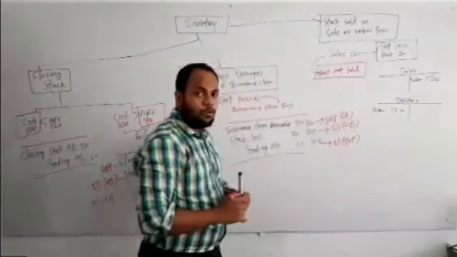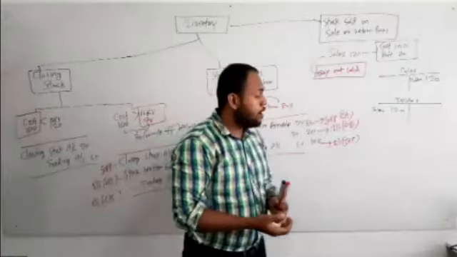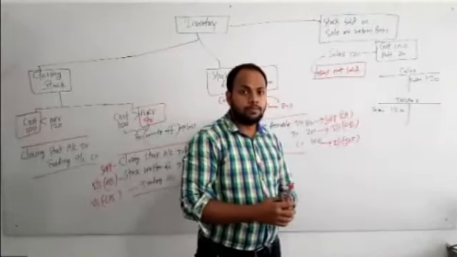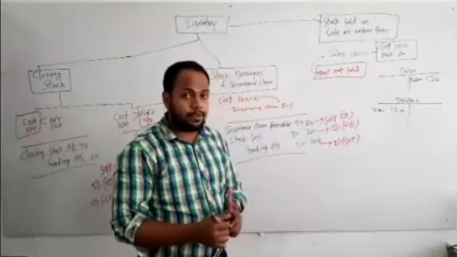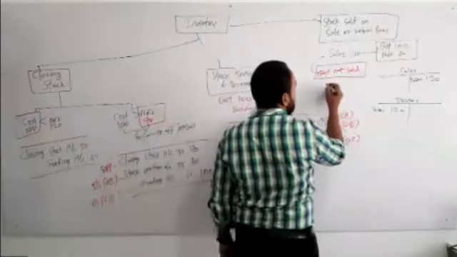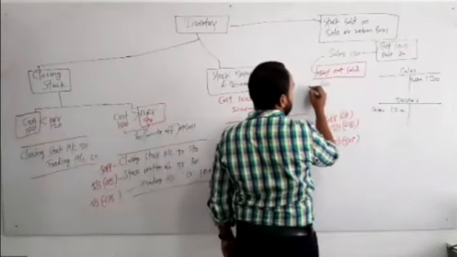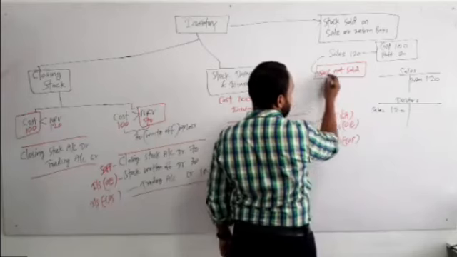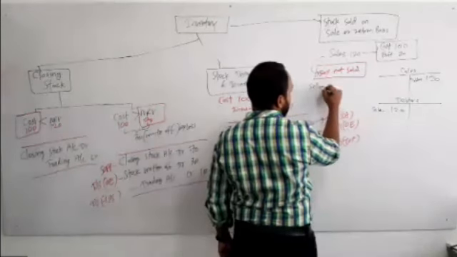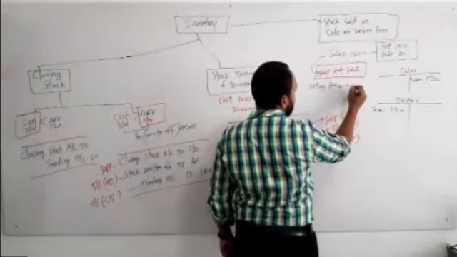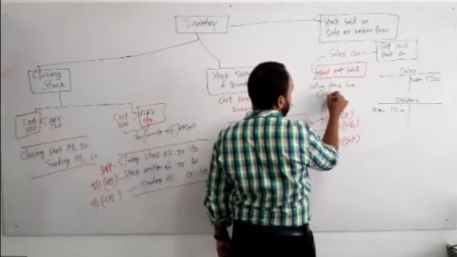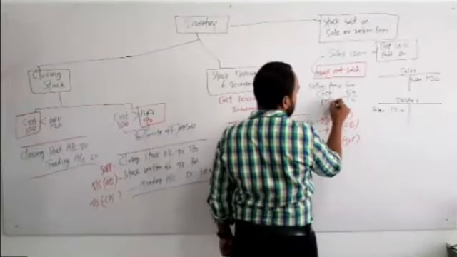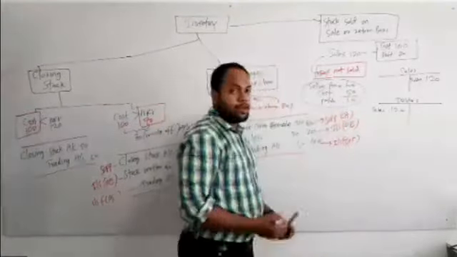Then what we need to do? We need to do the reversal. 50% of this is reversed. So what's the double entry? What's the value? 60 is the selling price. 50% means selling price will be 60, cost will be 50, profit will be 10.